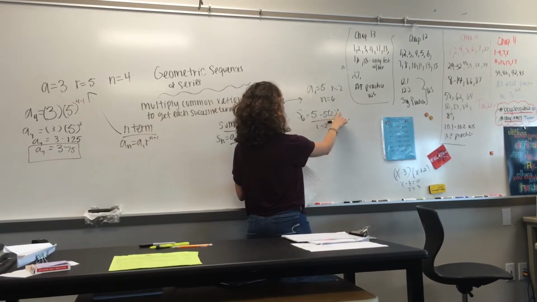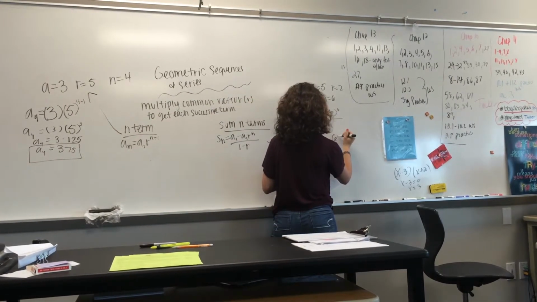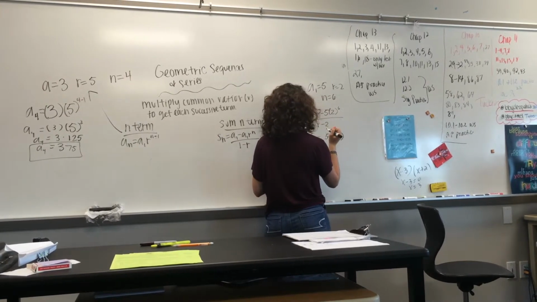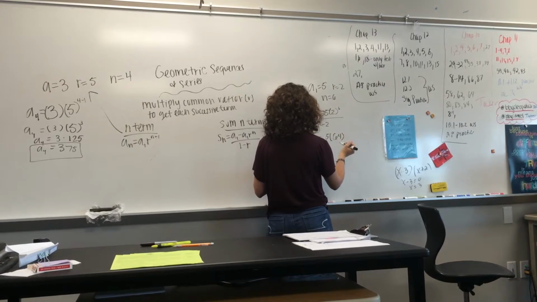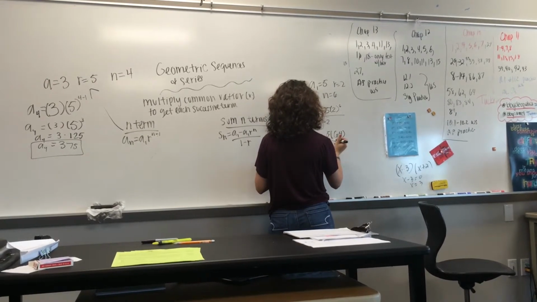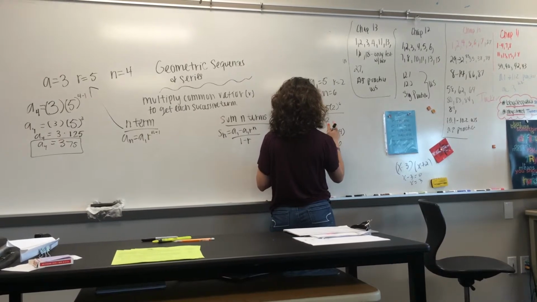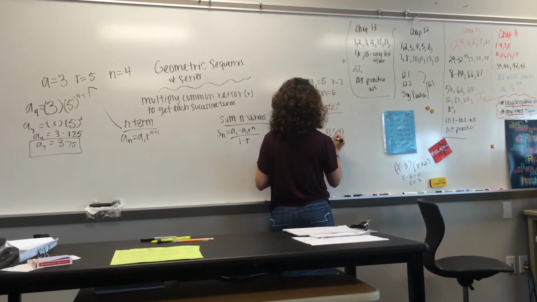So we'll solve this, so we'll start here. 2 to the 6th power is 64. And then 5 times 64 is going to be 320. This is all over negative 1.